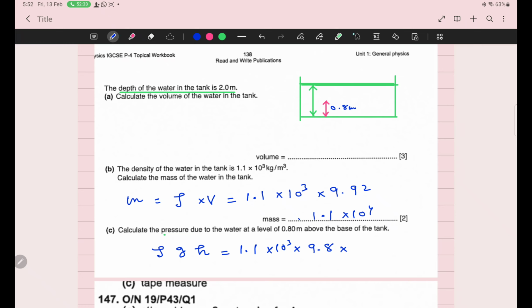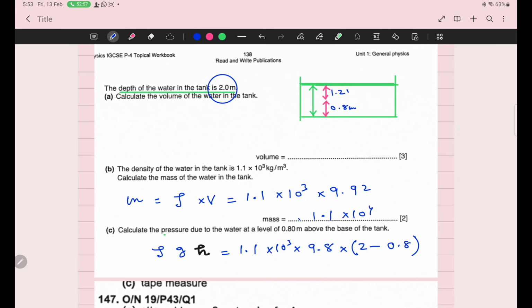But the issue is, what is h? h will be neither 2 meter nor 0.8 meter, because depth is this number, and this number is total depth minus 0.8. Yes, it is 1.2.